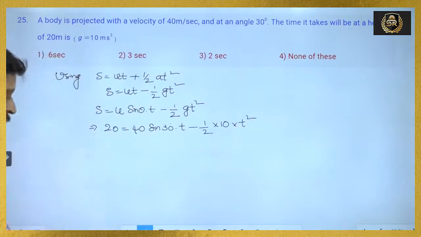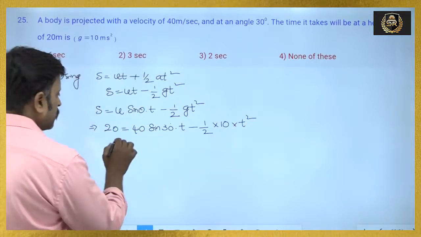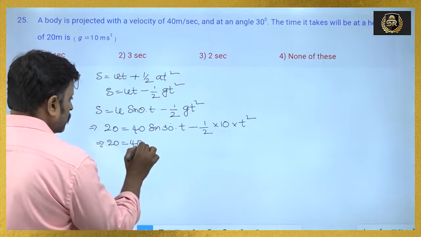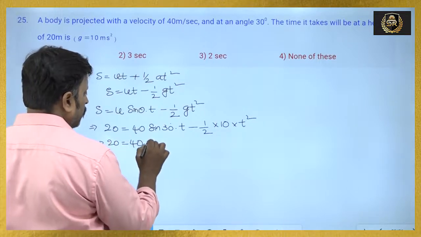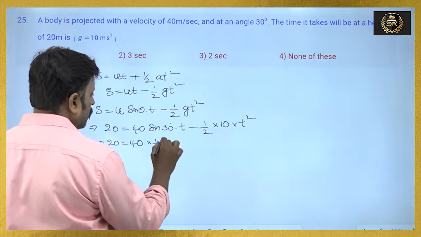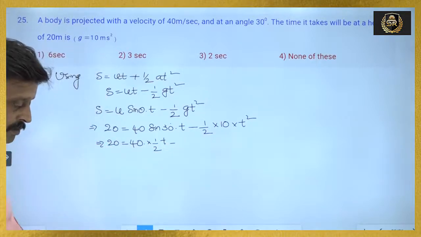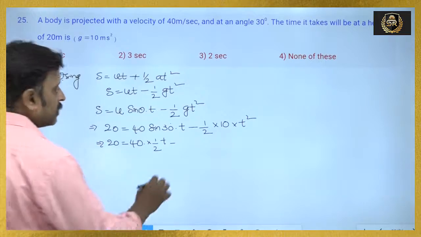Okay. This is how much? 20 equal to 40 into sin 30 is 1 by 2 into t minus 5t square.